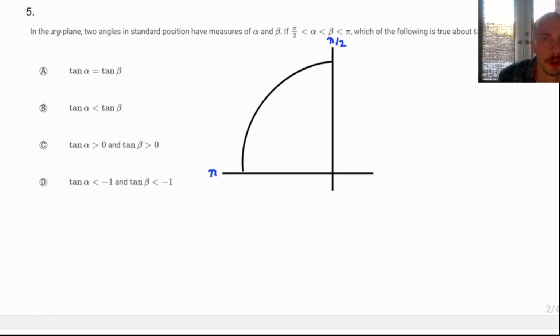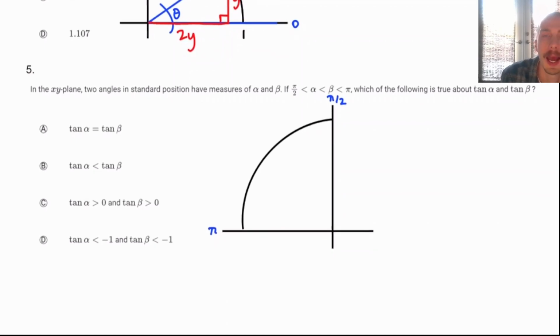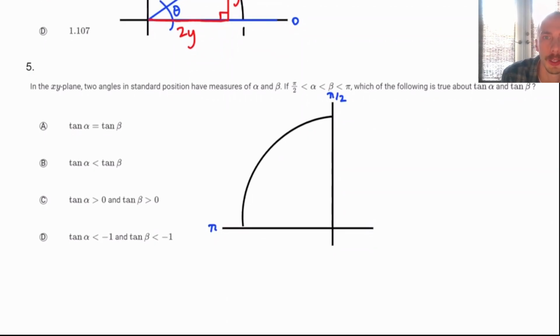Okay, which of the following is true about tangent alpha and tangent beta? I think I should probably draw in some reference triangles. All right, so alpha is less than beta in terms of radian measures, how far we've rotated counterclockwise from the positive x-axis. So alpha happens first as I'm rotating counterclockwise.